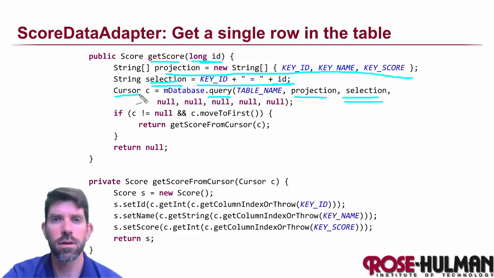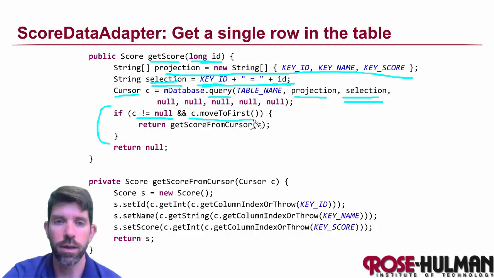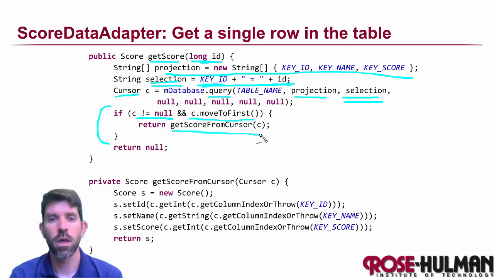Now we don't want to go through it. Technically, it should just have one item in it. If we're querying by ID, it should only give us back the row that has that ID. So we just do a quick super safe check to make sure it's not null, and then move it to the first. And then we're going to get the score from the cursor. Again, our ultimate goal is to return this score, the model object.